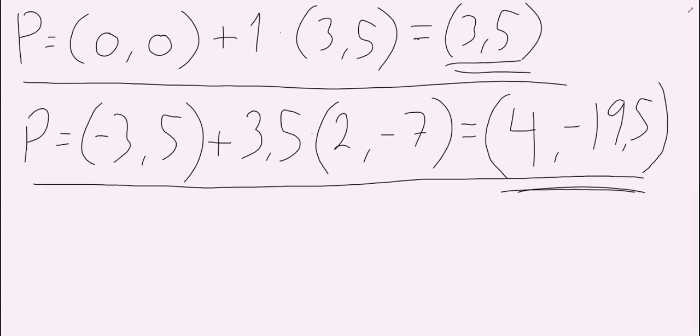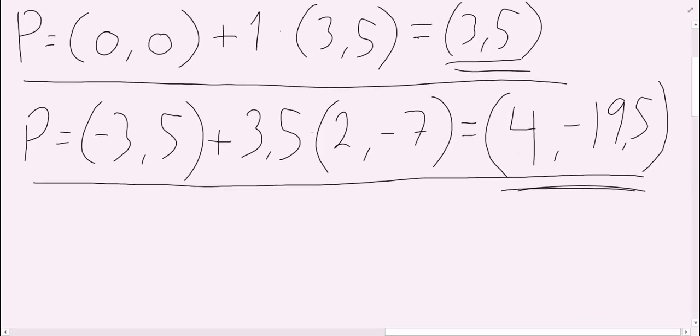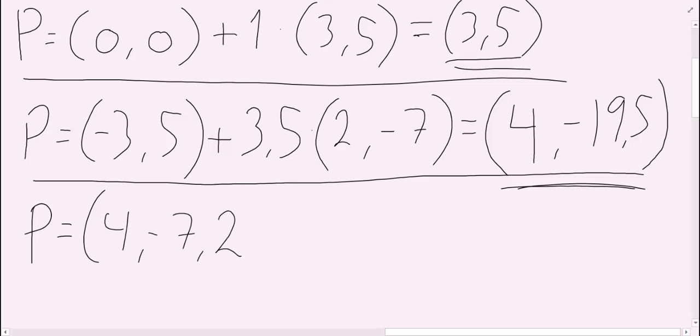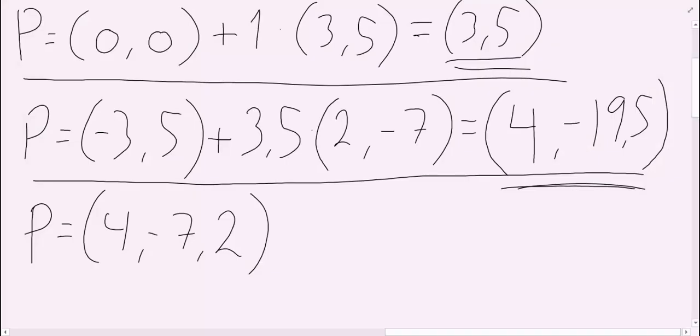And finally the third one, c is 4, minus 7, 2. P equals 4, minus 7, 2. t is 0.02, which is something that we can imagine is an actually normal frame time.